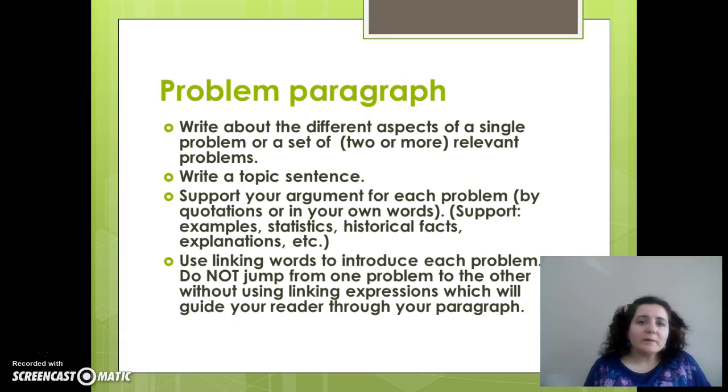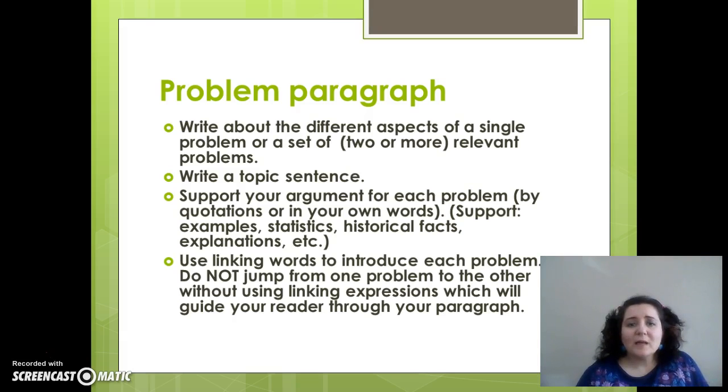And for all the body paragraphs, you need a topic sentence. A topic sentence leads your reader into your paragraph very smoothly, because remember that you're writing a 500-word essay, so your text gets longer, and as it gets longer, it becomes less manageable on the side of the reader, because the reader may easily get lost in your text unless you guide your reader with thesis statement, with topic sentences, and linking words.